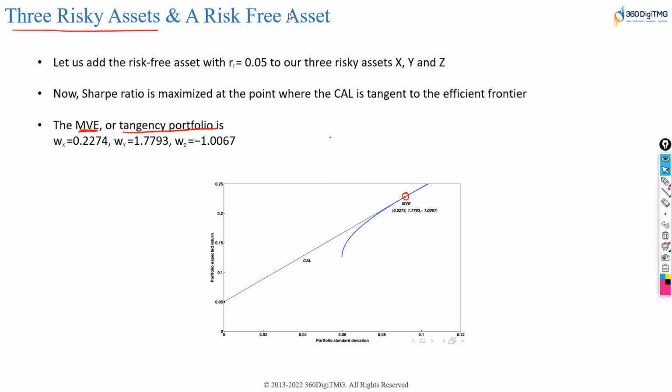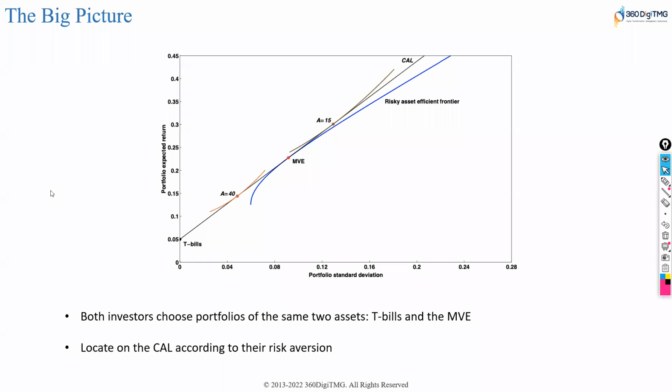Now, another big picture which we are yet to discuss is, where is our risk attitude, risk aversion? We didn't discuss that. Hold on. So here, friends, depending on what your risk attitude is, you would like to fall here, that is, invest this much amount in T-bills and the rest in risk.